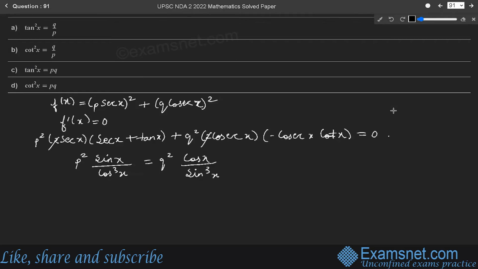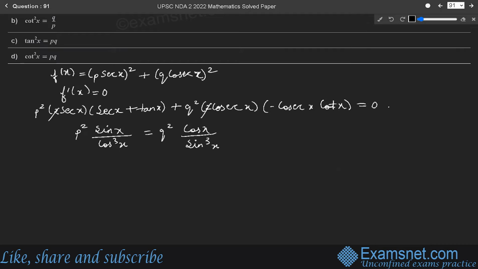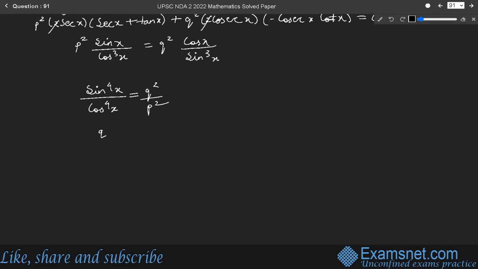Writing it more properly, we will get sin to the power 4 x upon cos to the power 4 x is equal to q square upon p square. Therefore, q upon p will be equal to under root of sin 4 x upon cos 4 x, which is equal to sin square x upon cos square x.